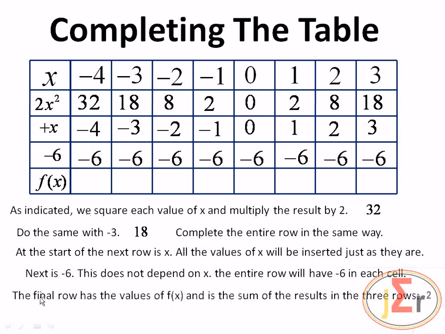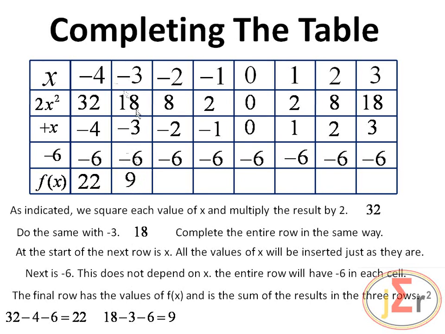The final row has the values of f of x and is the sum of the results in the 3 rows. So we have 32 minus 4 minus 6, 22 goes there. Next, 18 minus 3 minus 6 goes there. Of course, 18 minus 3 minus 6 is 18 minus 9, which is equal to 9.